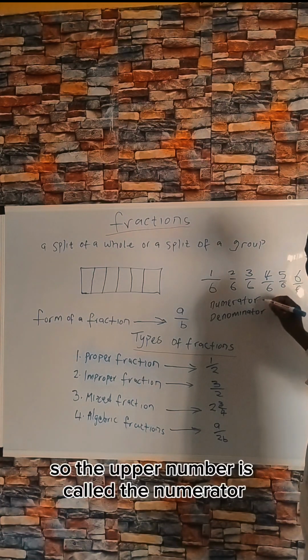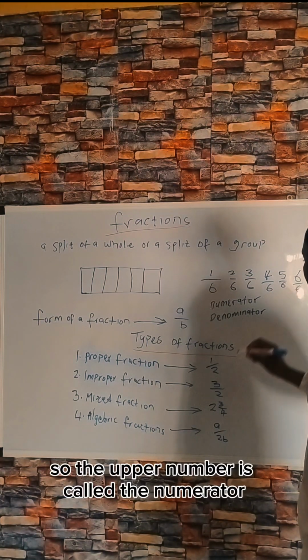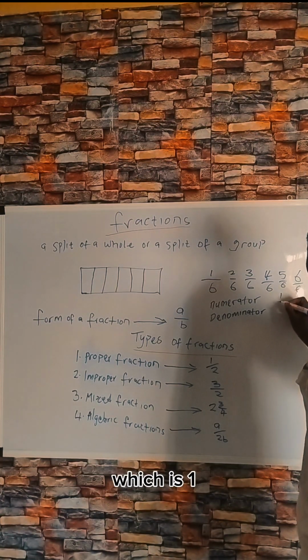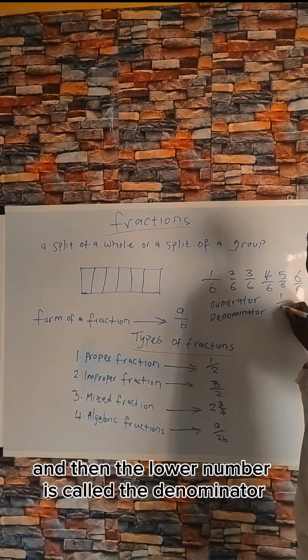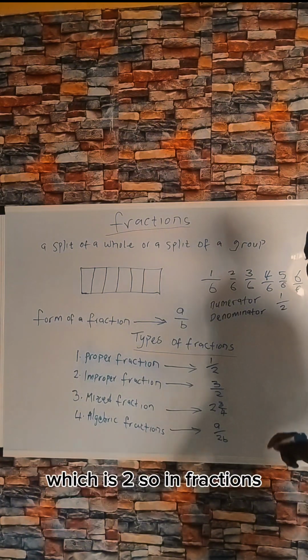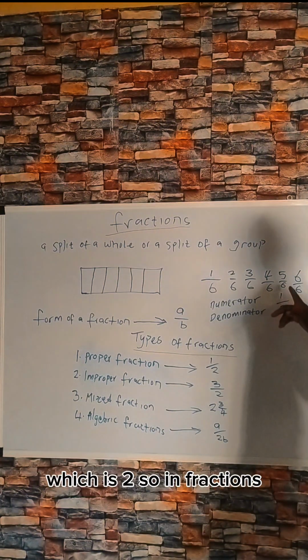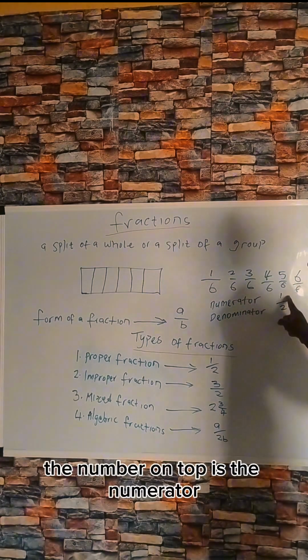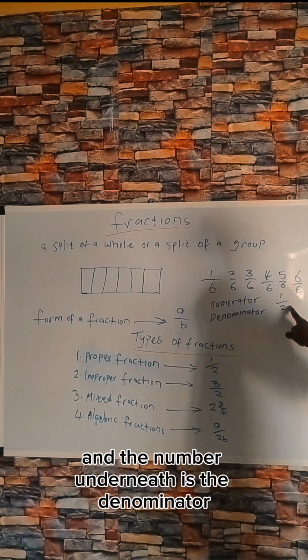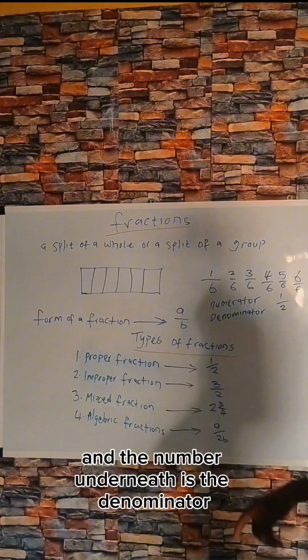So the upper number is called the numerator, which is 1, and then the lower number is called the denominator, which is 2. So in fractions, the number on top is the numerator and the number underneath is the denominator.